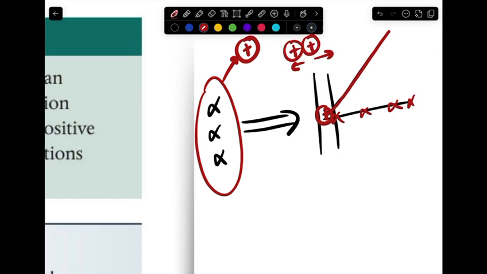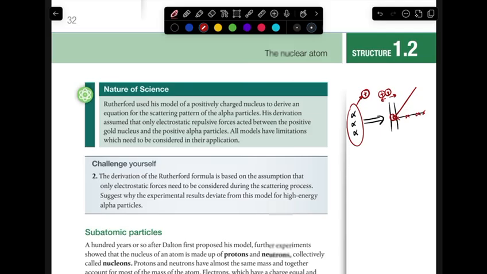So these developments of the nuclear model led to the modern one, which is, as you can see, composed of these subatomic particles. So according to the nuclear model, an atom consists of a tiny dense nucleus at the center, surrounded by electrons moving in the space around it. So this is the nucleus, and it contains neutrons and protons.